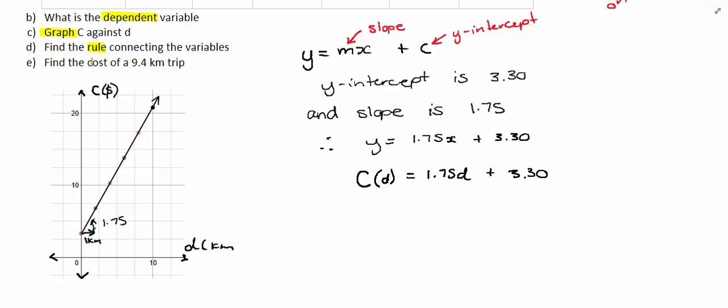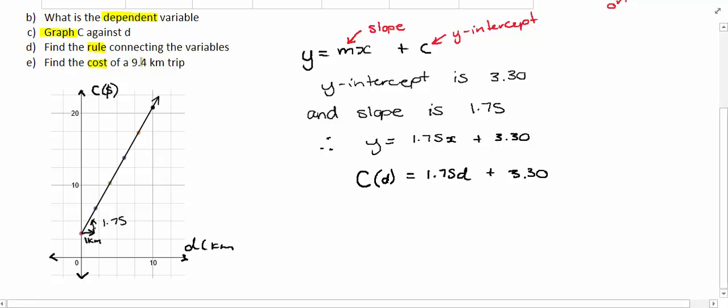Lastly, we were asked to find the cost of a 9.4 kilometre trip. So we're just substituting 9.4 in place of d.